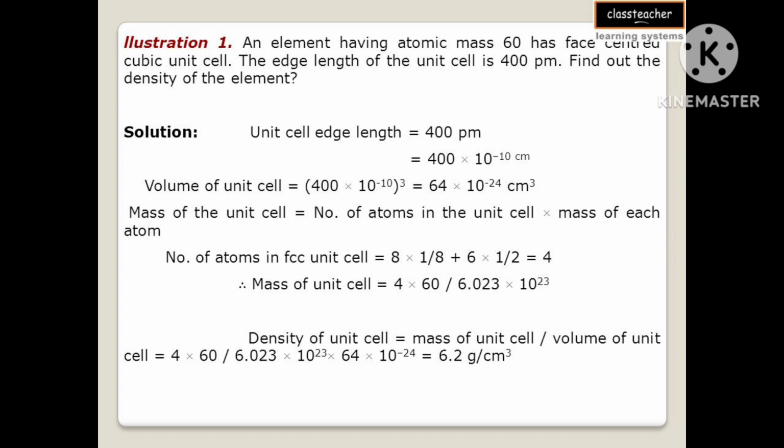The density of the element is 7.2 gram per cubic centimeter. How many atoms are present in 208 gram of the element?